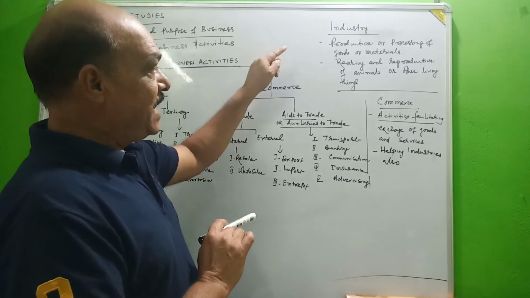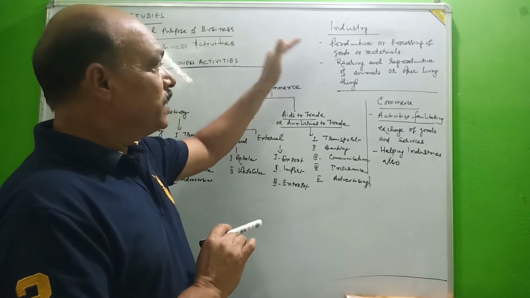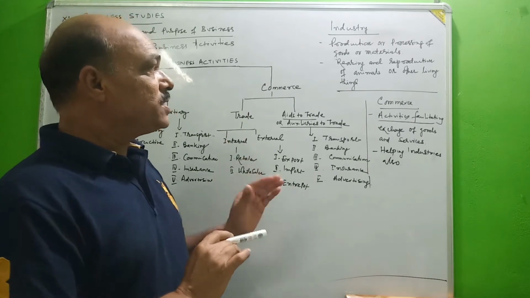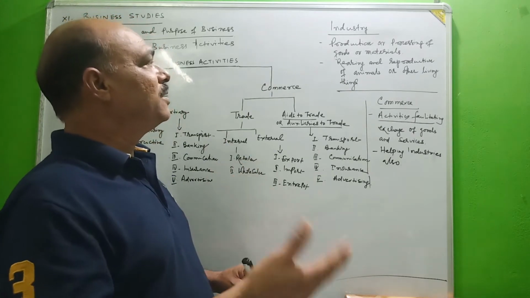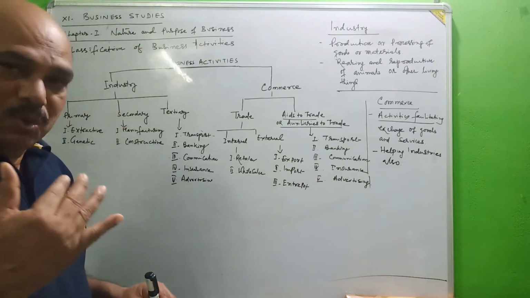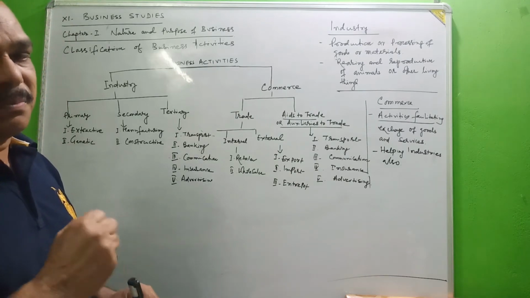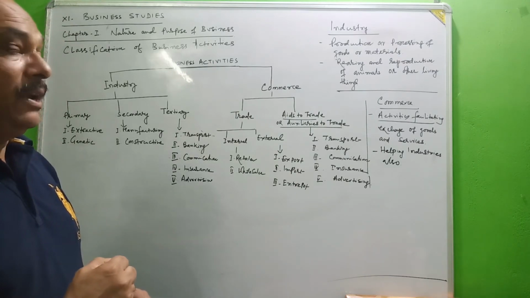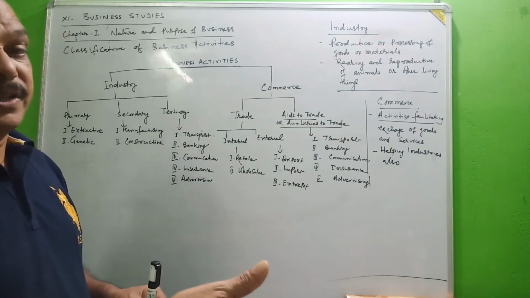Students, you can see that industry is the production or processing of goods or materials. That means here we are changing the forms of raw materials into finished products, or you are processing one product into another finished product.